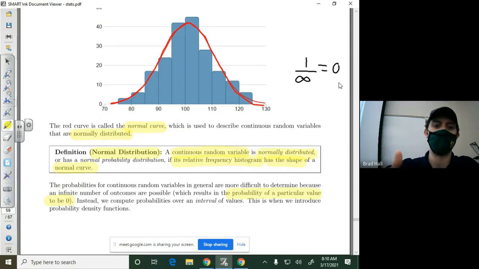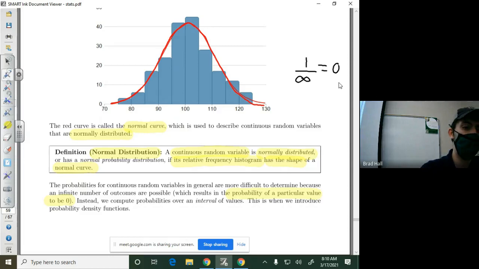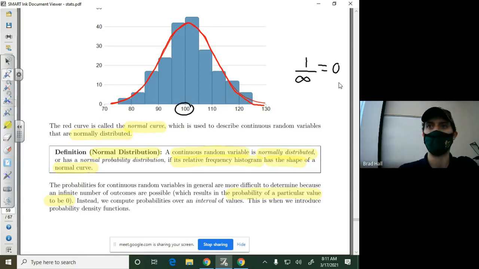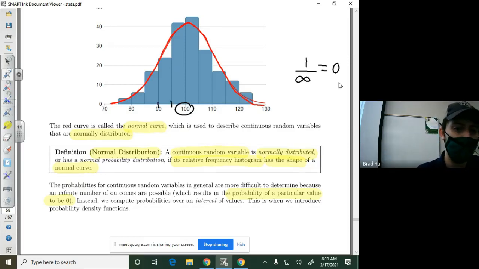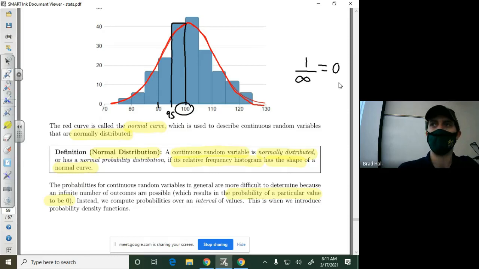So notice the histogram above, that's not a bar graph, it's a histogram, which does have a slight difference. Notice the 100 is not immediately below the box, but instead it's the border of one of the boxes. Same with 90, and this is 95. Notice that the box is happening within these intervals.